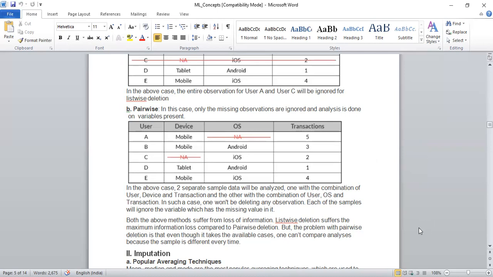So in the above case, two separate sample data will be analyzed, one with the combination of user device and transaction, and the other with the combination of user OS and transaction. In such a case, one won't be deleting any observation. Each of the samples will ignore the variable which has the missing value in it.